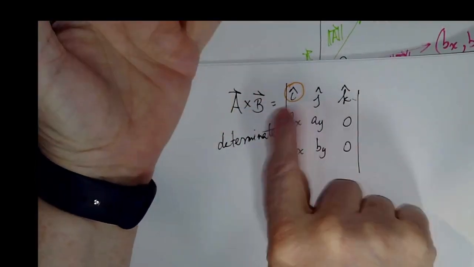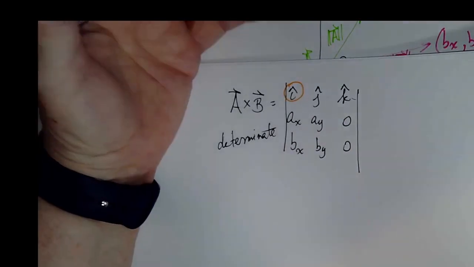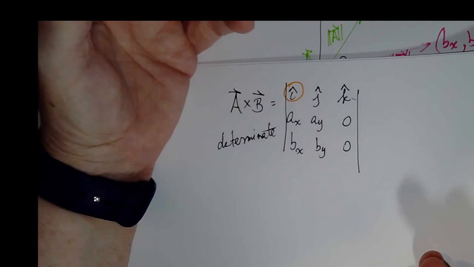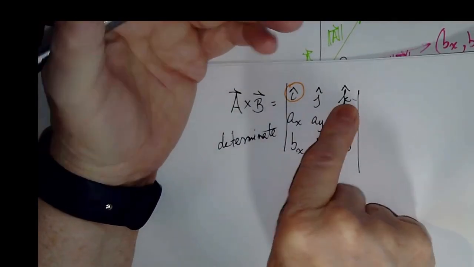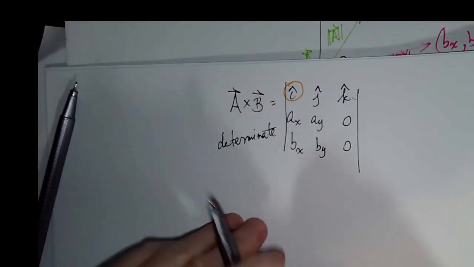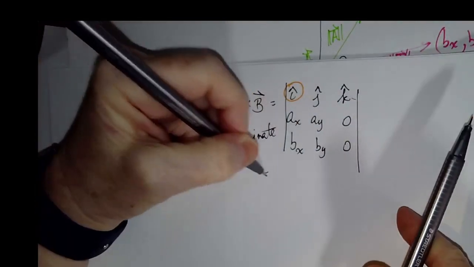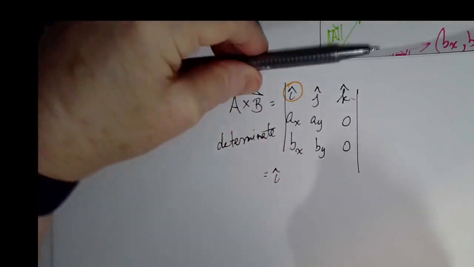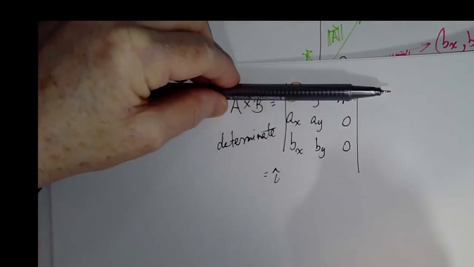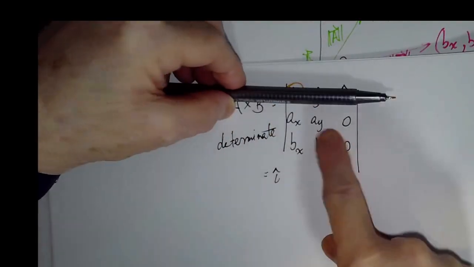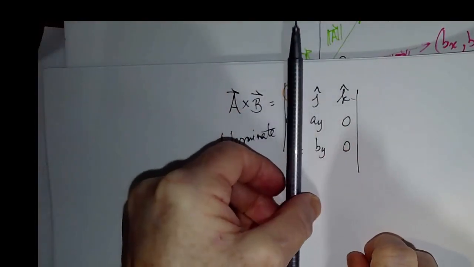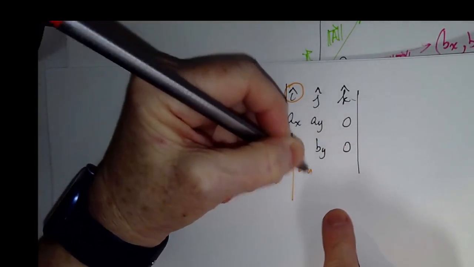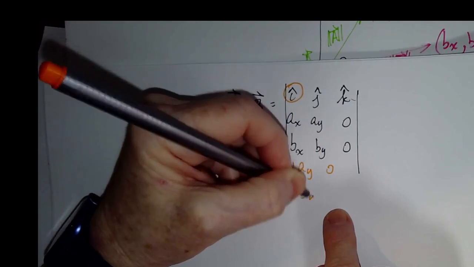And I'm going to use this top row. You can use any row or any column, but it's really helpful with cross products to use IJK as our pivot. So first I'm going to write down that vector I. And now I want to ignore the row that I is on and the column that I takes up. So I can see I'm left with AY 0, BY 0.